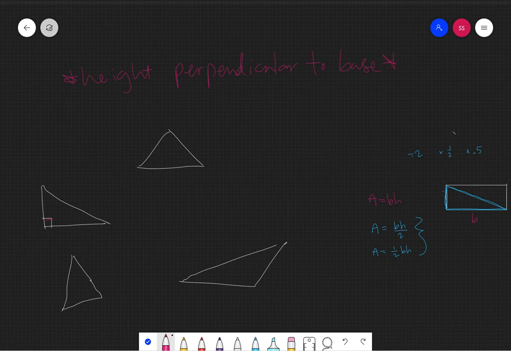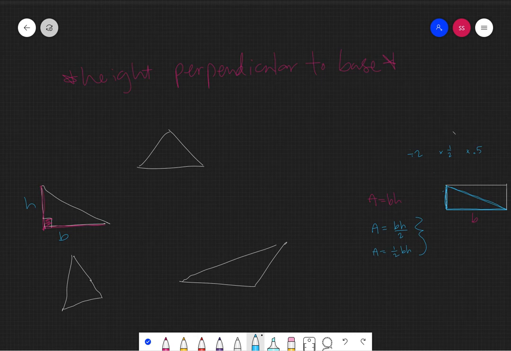So again, what we would be looking for is that 90-degree angle. Since this line and this line intersect at a 90-degree angle, we know that one of them is the base and one of them is the height. Now, it doesn't really matter which one's which in this case because we're multiplying them, and according to the commutative property, we can multiply in any order and we'd get the same answer. So we have our base and our height.